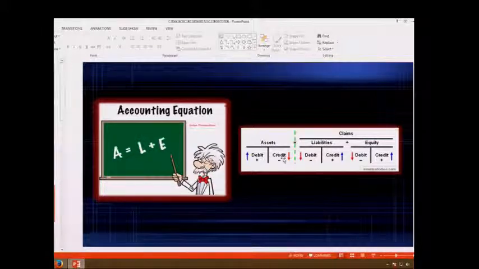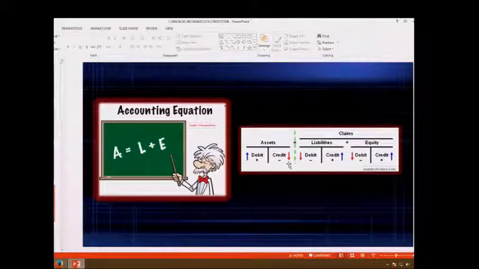So if the owner invests $30,000, I'm going to go on my assets T account and put $30,000 on the left-hand side because that's the increasing side, right? If I write a check for $10,000 to pay salaries, the credit side goes down, right? That's my decrease. So I'm going to record that $10,000 on the right-hand side. So increase I'm going to put on the left, decrease I'm going to put on the right.